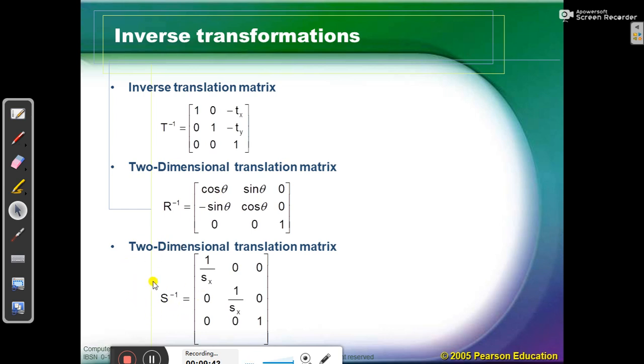The inverse scaling is done in this way too. Just by multiplying these matrices with the given points, we can obtain the transformed values. That is why homogeneous coordinates are very efficient and useful while calculating the values.